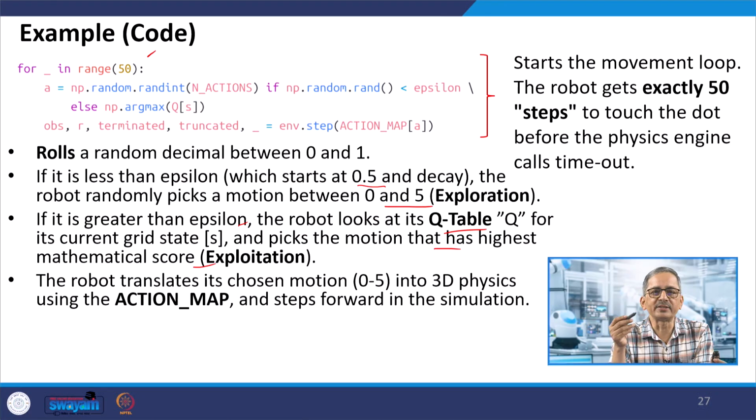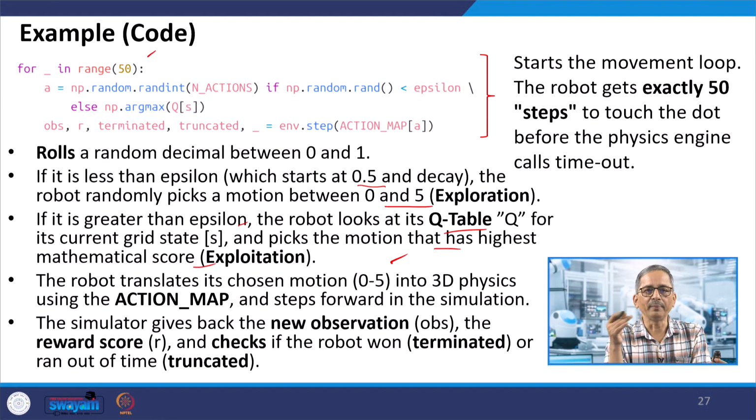The robot translates its chosen motion 0 to 5 into the 3D physics using the action map and steps forward in the simulation. The simulator gives back the new observation, the reward, and checks if the robot won, that is, the program has terminated, or it ran out of time, which means it has been truncated.